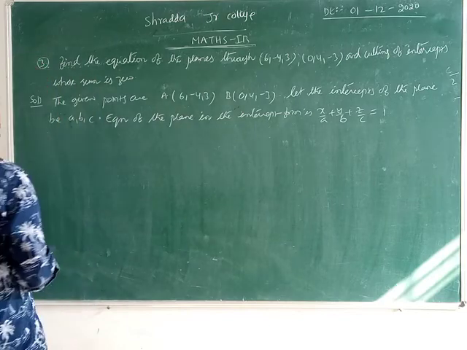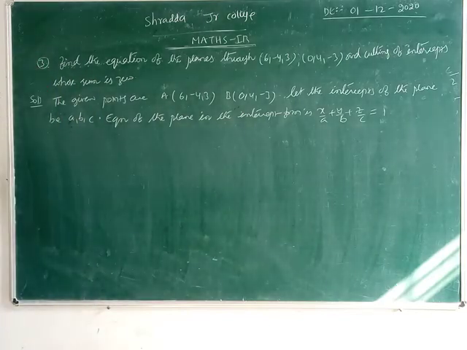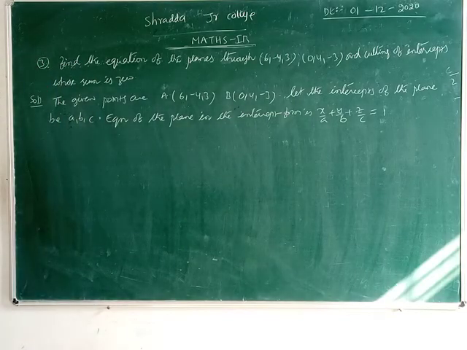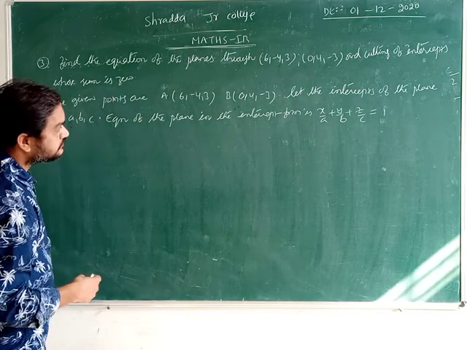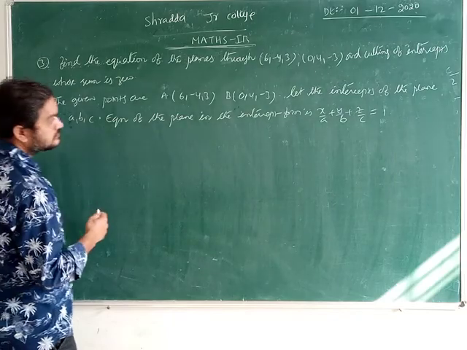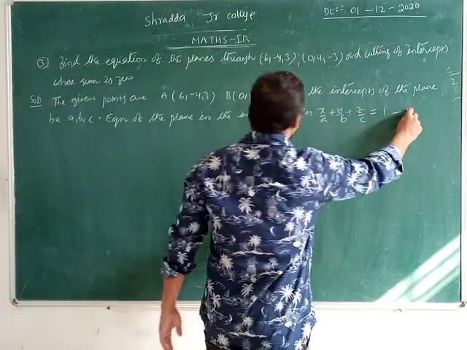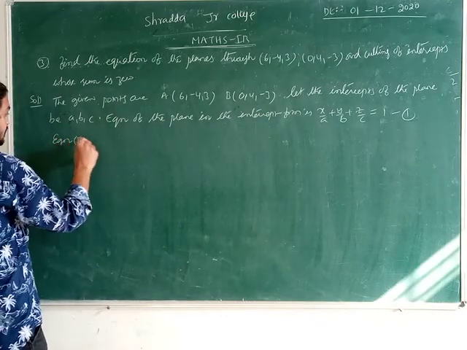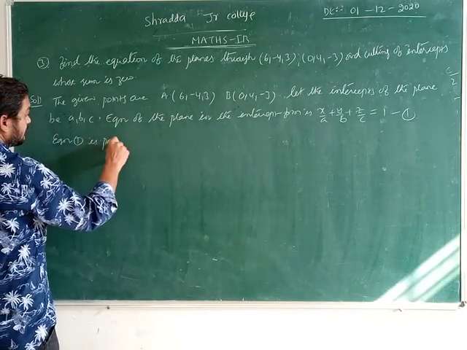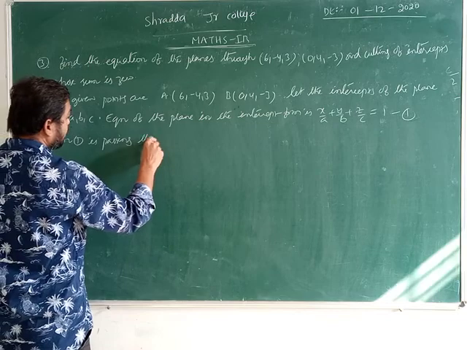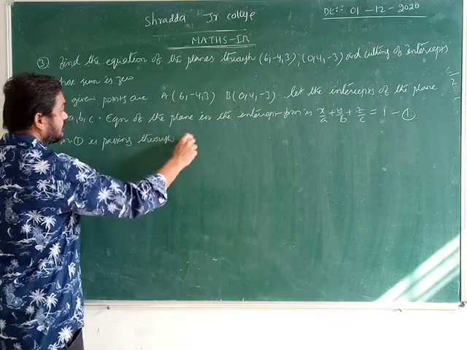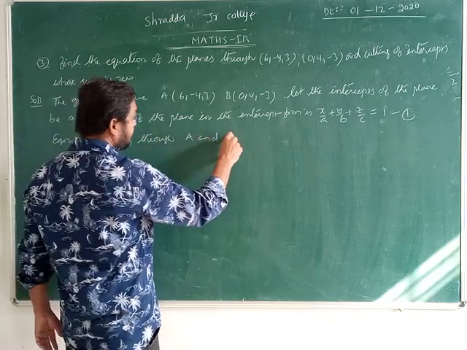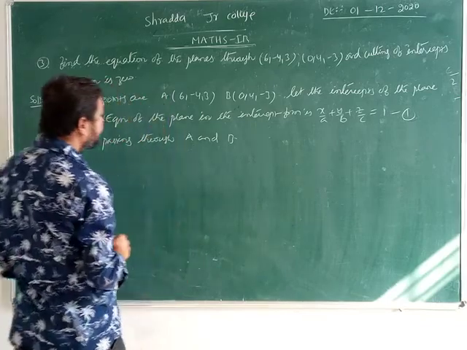See now, this equation is passing through the points A and B. Equation 1 is passing through A and B.